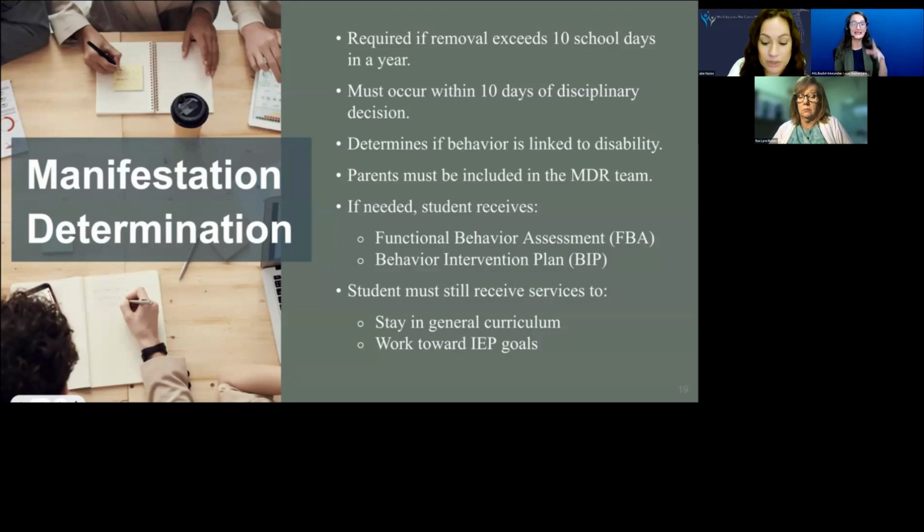Parents must be included in the manifestation determination review team. If needed, the student receives an FBA, or functional behavior assessment, or a behavior intervention plan if one is not already in place. Students must still receive services to stay in the general education curriculum and work towards their IEP goals. Next slide, please.